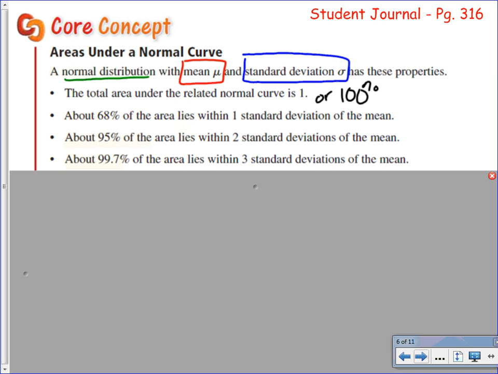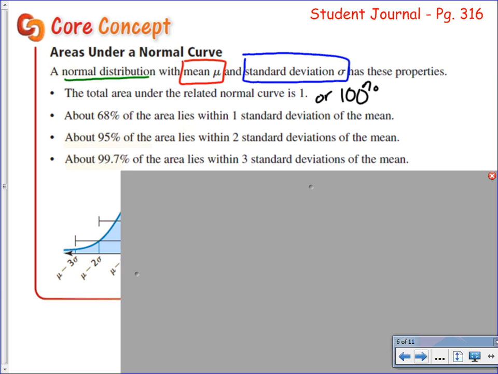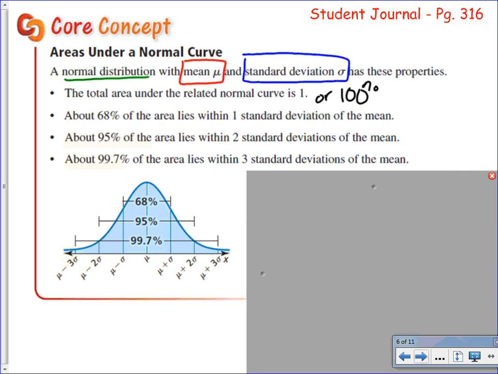Okay. Now, there are 2 pictures under this. And the first picture is, like, I want you to think about that squares activity that we did and think about the light, the medium, the dark gray areas. It's just showing us what those percentages are underneath the curve.